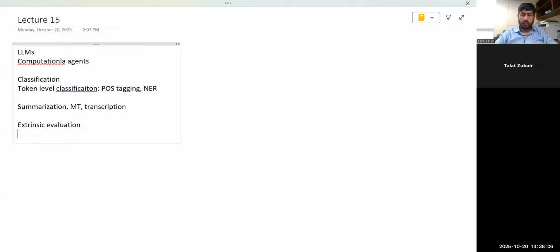And last time we also talked about intrinsic evaluation. So this is evaluating a large language model, or a language model in general, on the task that it is meant to do, which is to predict the next word. And the measure that we talked about was perplexity.